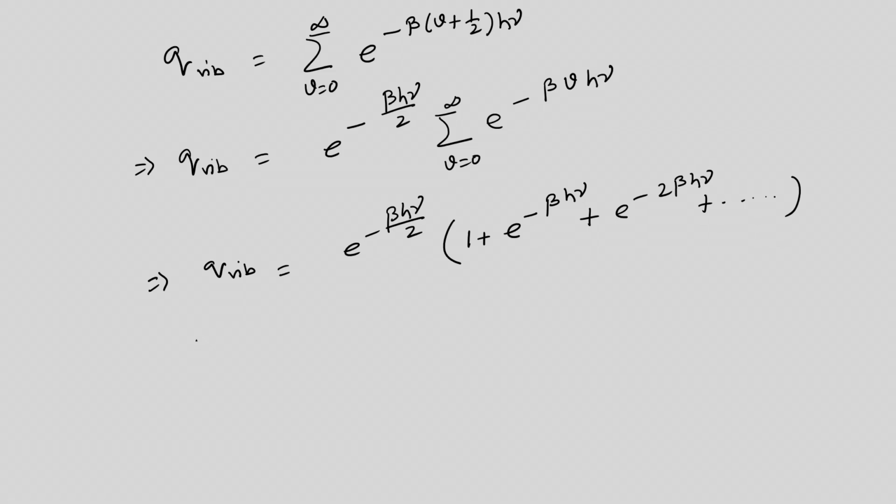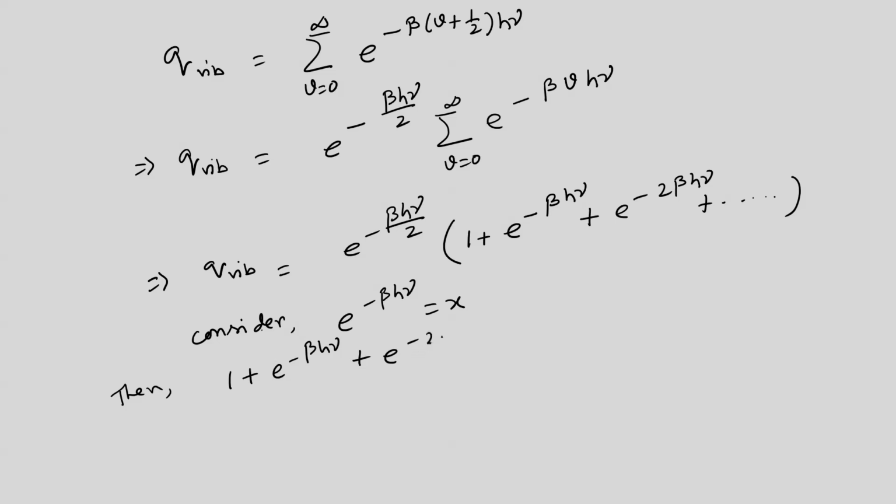So, if we consider e to the minus beta h nu as x, then we can write this as 1 plus x plus x to the 2 plus x to the 3 and so on.